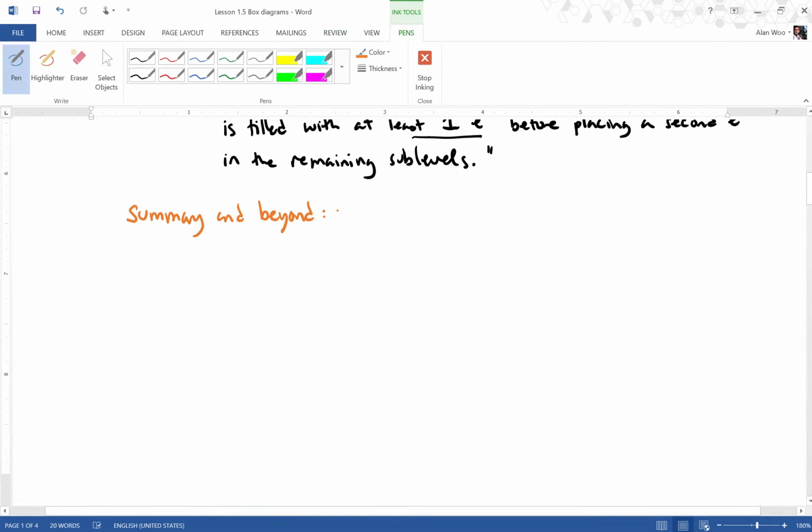A single box represents an s orbital. A set of 3 boxes represents p orbitals.